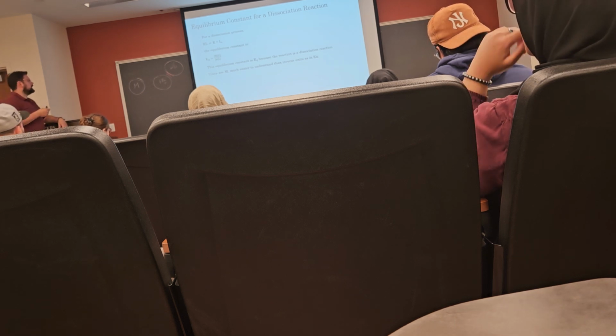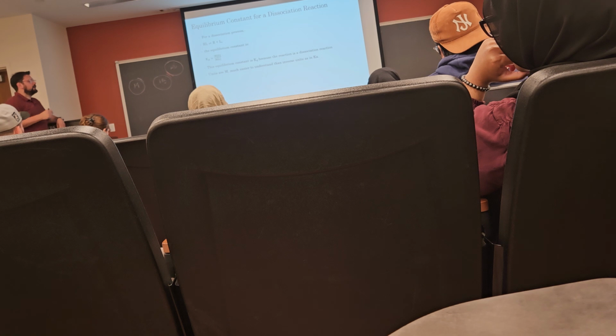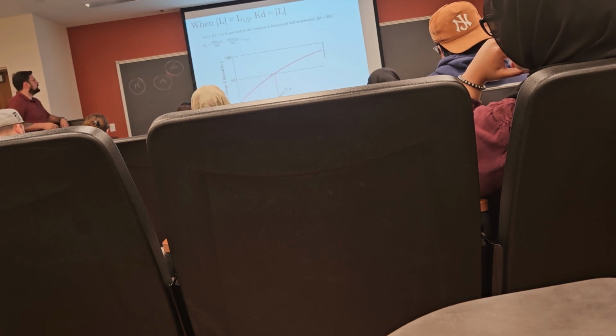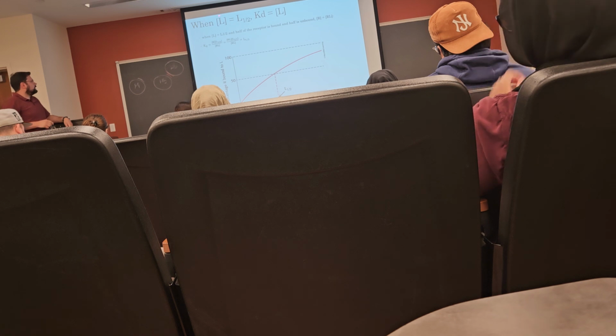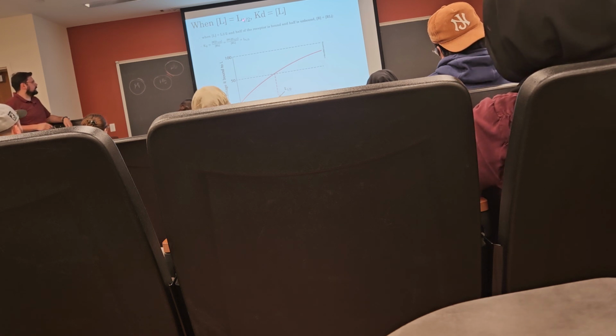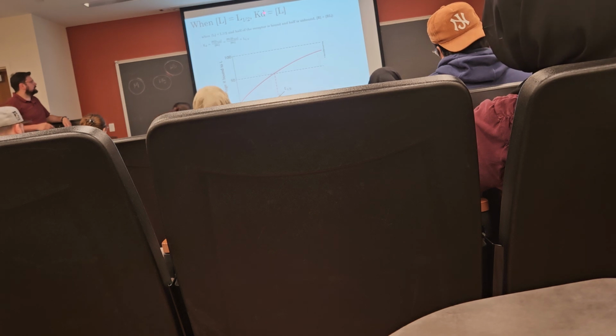We know what molar means, right? So what is Kd then describing in terms of binding capacity? Well, when the ligand concentration equals L50 or L half, right? So when we're here, then Kd equals whatever concentration that is.